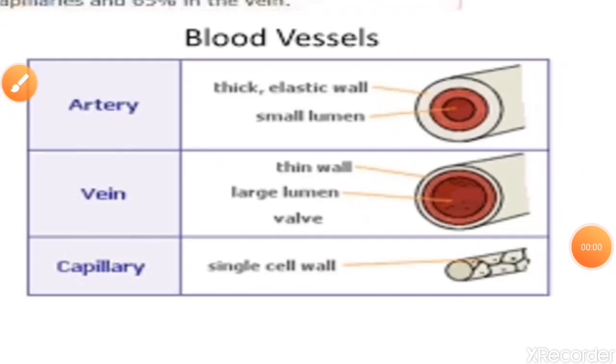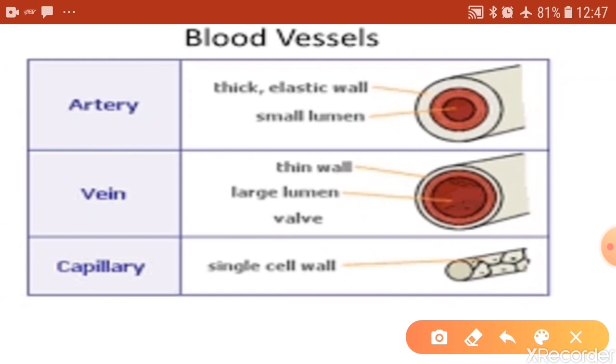These are some of the differences that you find between arteries, veins, and capillaries. Arteries, as I've just now said, have a thick and elastic wall. Why a thick and elastic wall? Because they have to withstand the pressure exerted by blood as the blood flows through the arteries. Veins have a wall which is thin and less elastic.